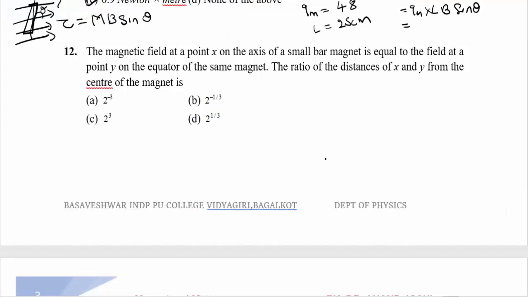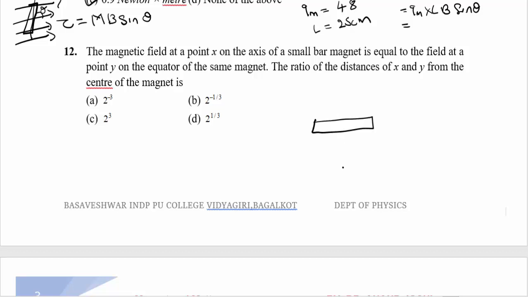Okay, next: the magnetic field at a point x on the axis of a small bar magnet is equal to the magnetic field at a point y on the equator of the same magnet. What is the ratio of the distances? So I will first draw a magnet.